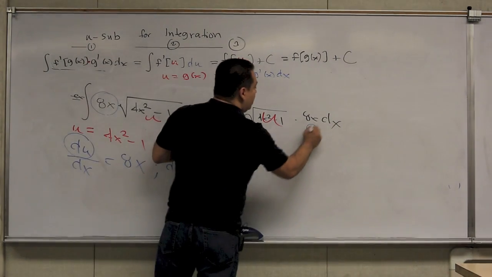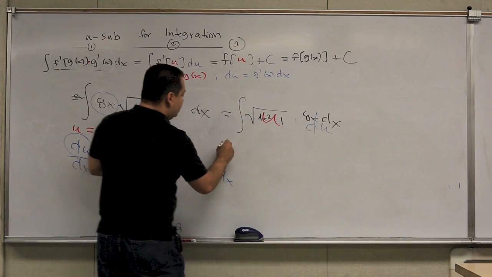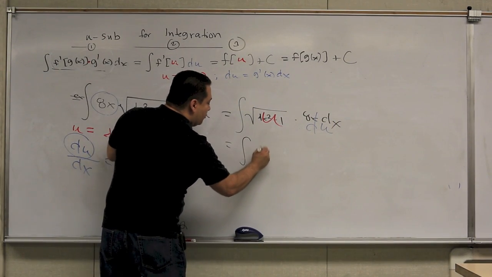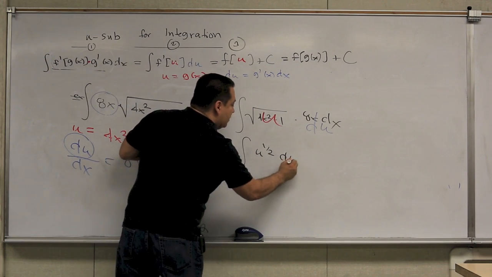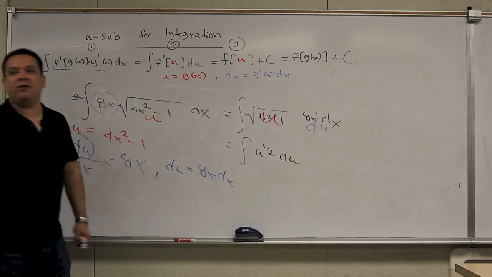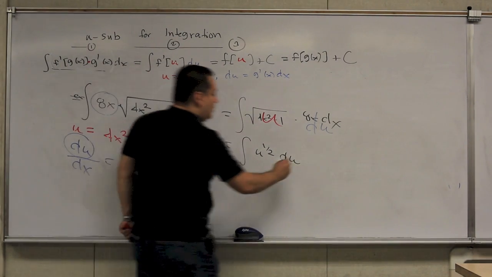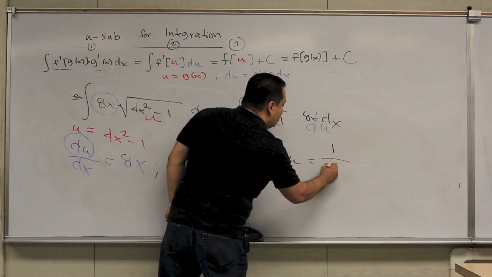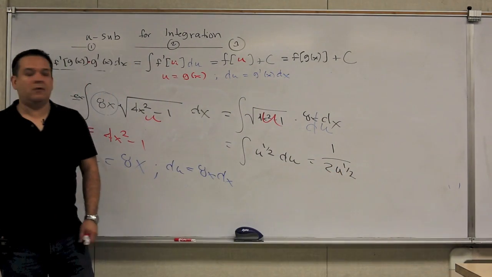This is your du. So now I have the integral of u to the 1/2, that's the square root of u, right, times du. Could you guys integrate that? Yes. What is that? That's 1 over 2 u to the what? To the 1/2. Is that true?